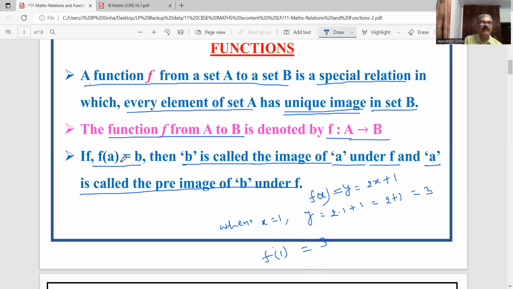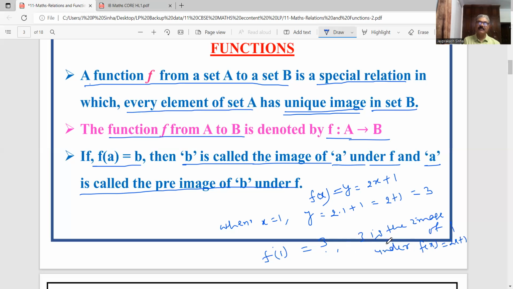Correct? So if f(a) is equal to b, then b is called the image of a. It means this 3 is the image of 1 under f(x) is equal to 2x plus 1.